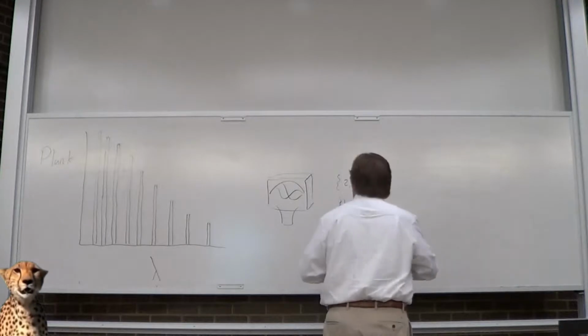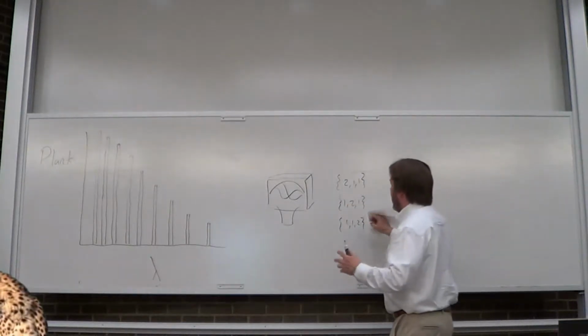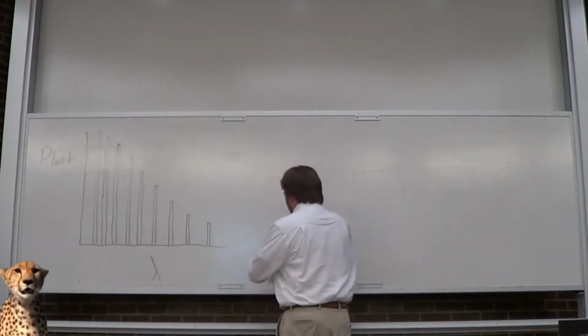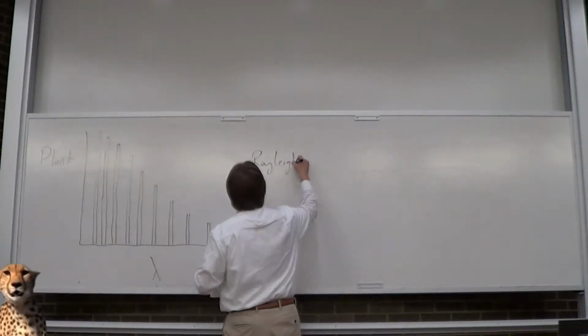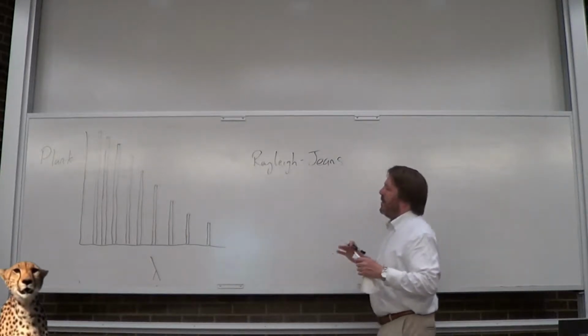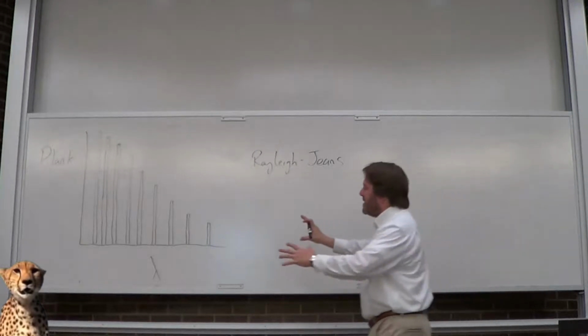Now, it turns out that back in 1900, when people were trying to figure out light bulbs, Rayleigh and Jeans, before Planck, were these two people, and they actually had this part right.